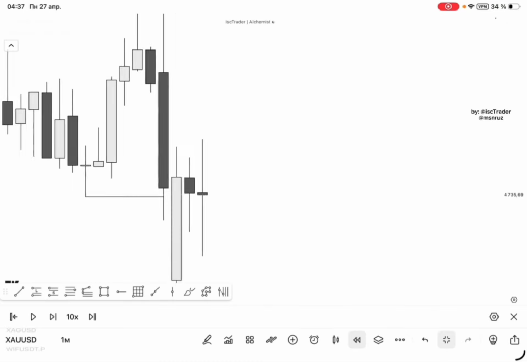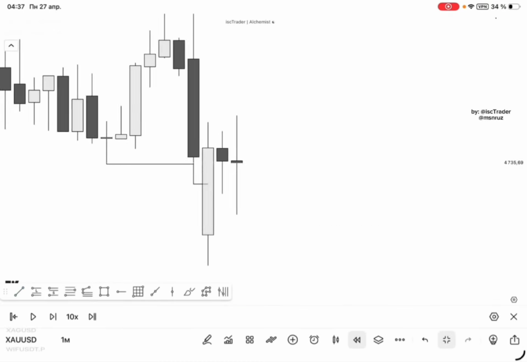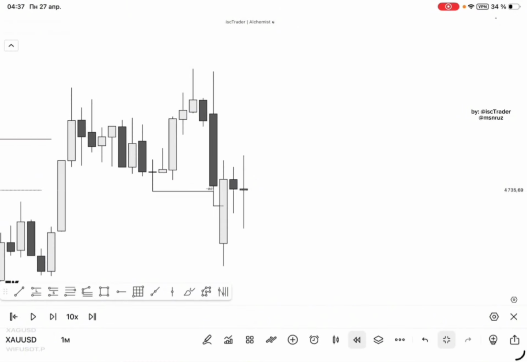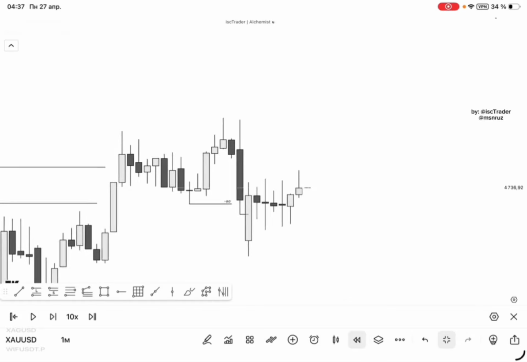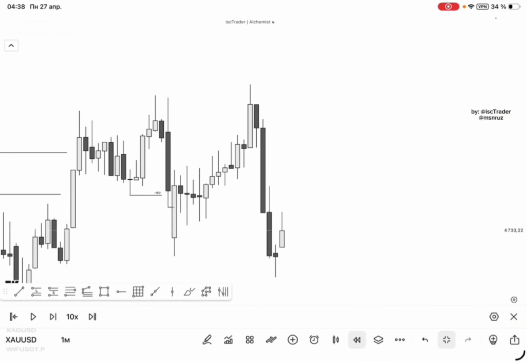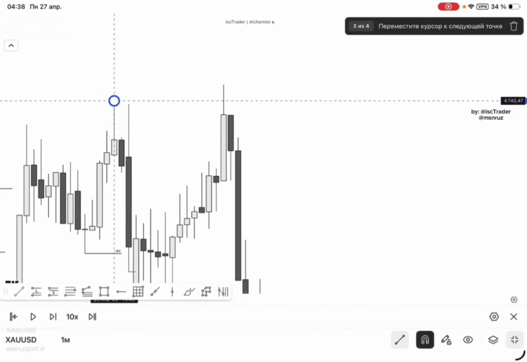Breakout. There was no confirmation here either.